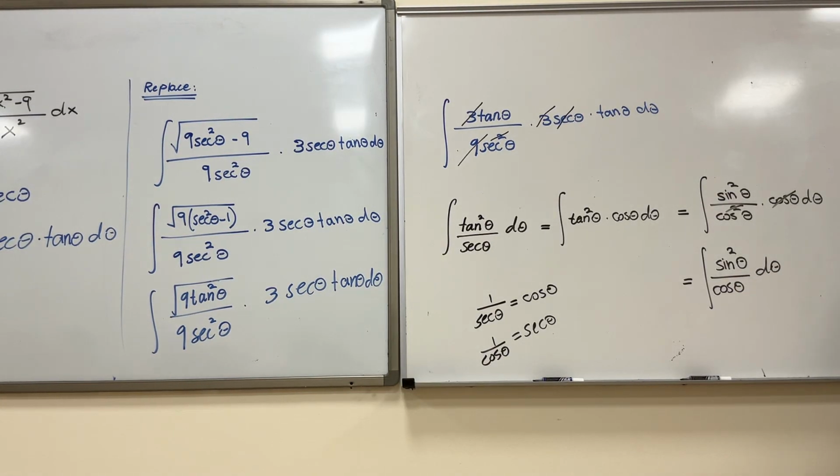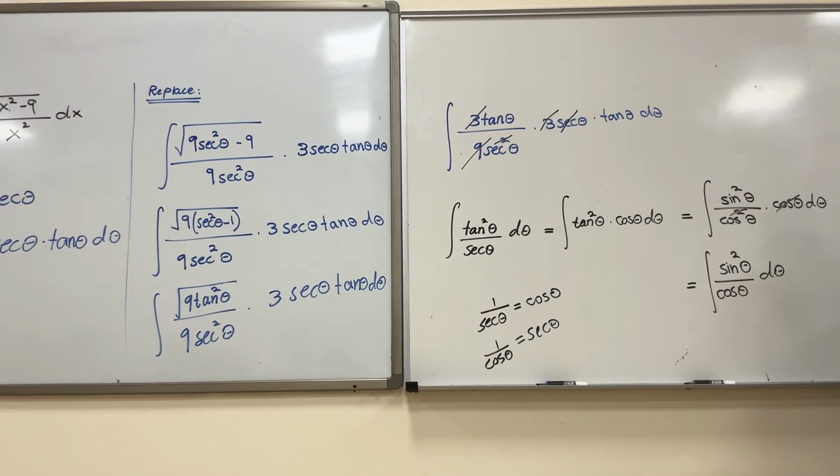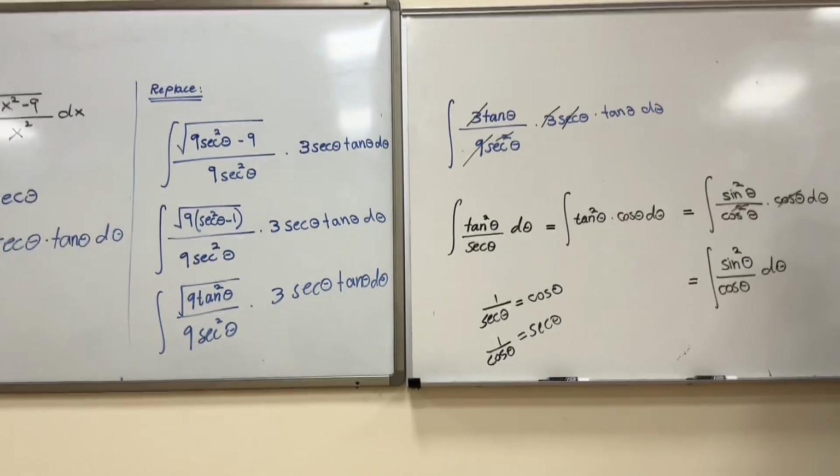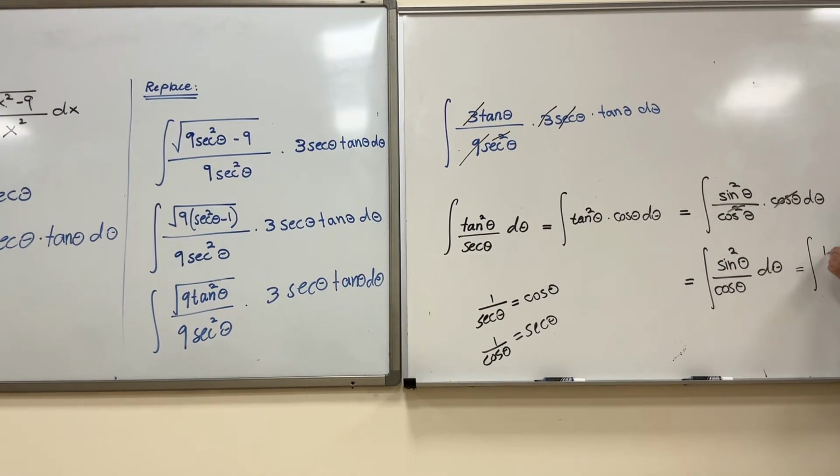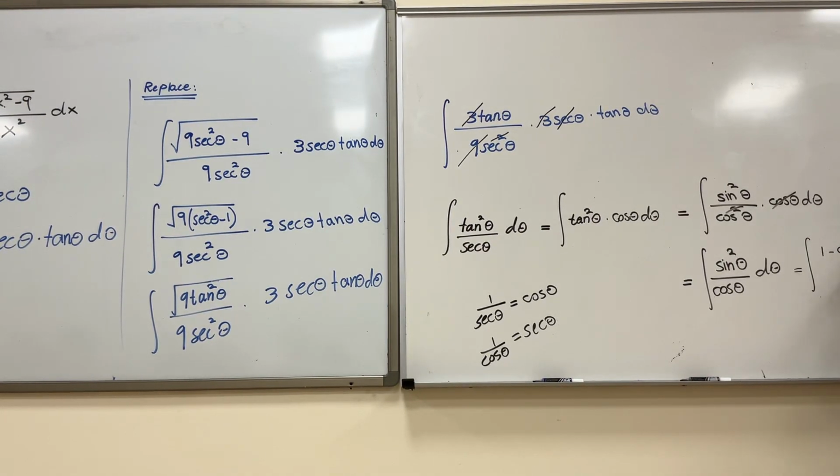Which you can write as what? What is sine squared? I was thinking of something else. No, never mind. This is the simplest you can go. Sine squared is 1 minus cosine squared, right? Over cosine.